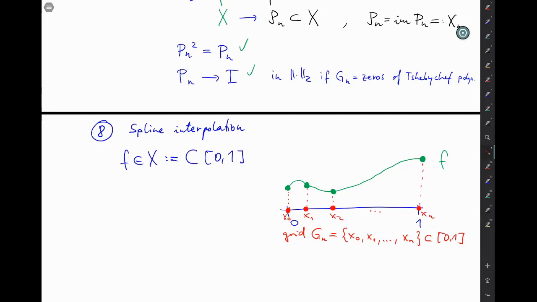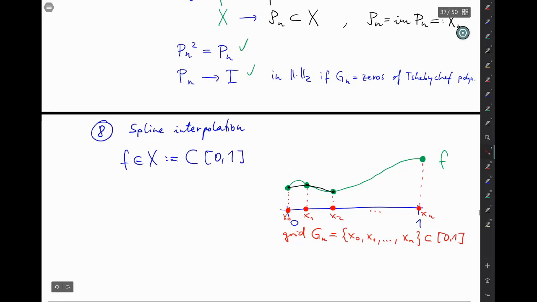So as long as the only thing you want is to match these n+1 conditions here, these function values, then the most natural thing to do is just to take polynomials of degree 1 here. So you would just find an affine linear function for each of these subintervals, and thereby connect the green points by just a polygonal line.